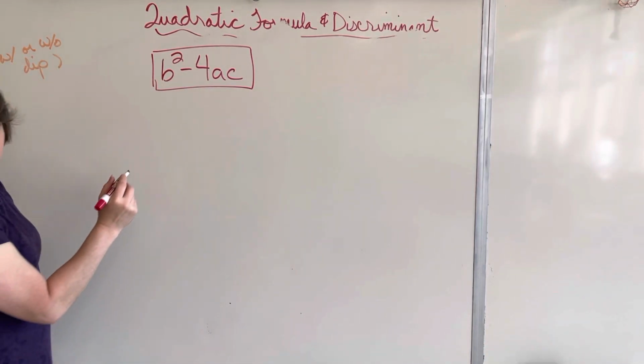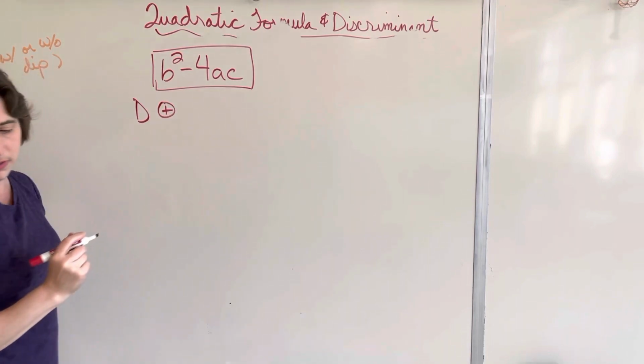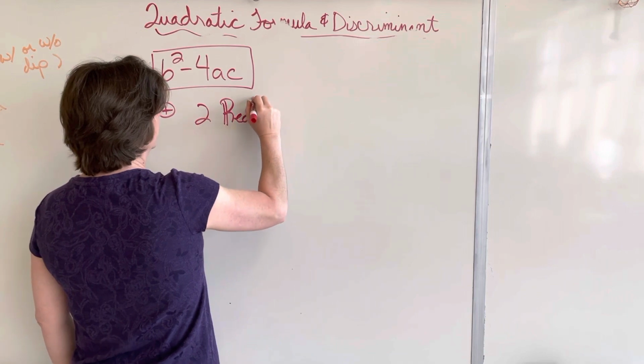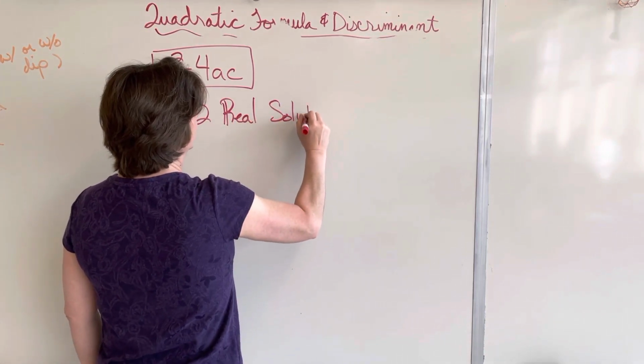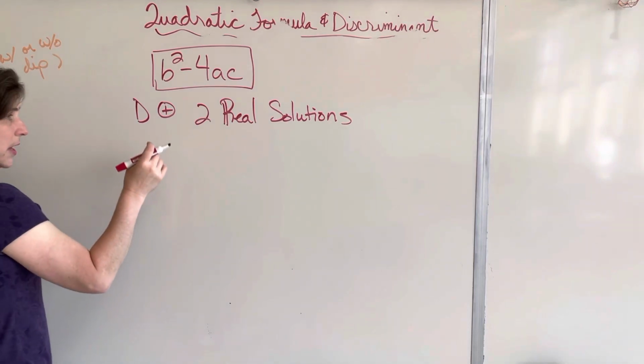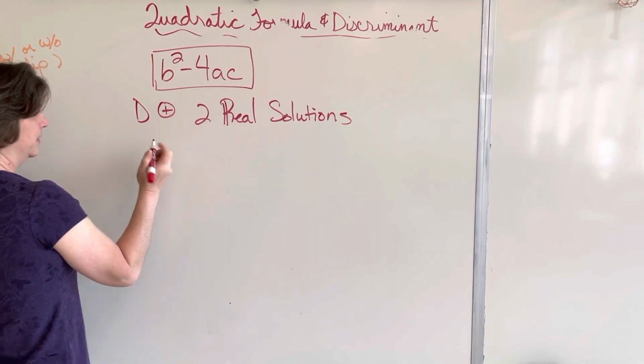So, first, if the discriminant is a positive number, then you've got two real solutions. That means if you have a square root that's positive, you have a plus or minus, so two real solutions.